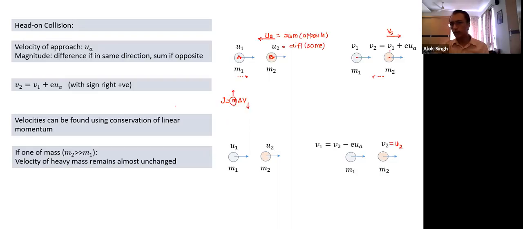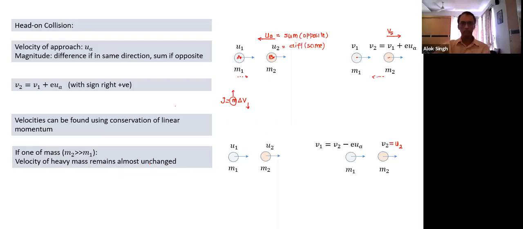The velocity of the second object is larger by e times ua, or compared to the second object, the velocity of the first object is lower by the velocity of separation. So if this is v2, I can write v2 minus eua, and v2 is nothing but u2. That's the way we deal with one object being much heavier than the other.